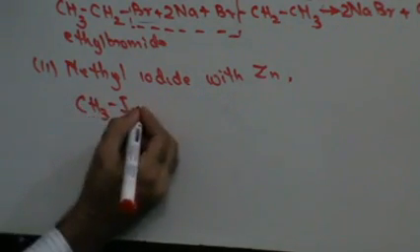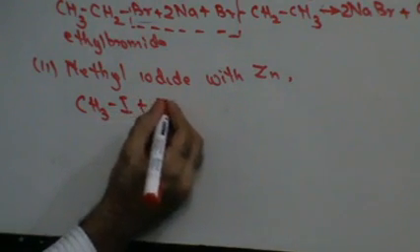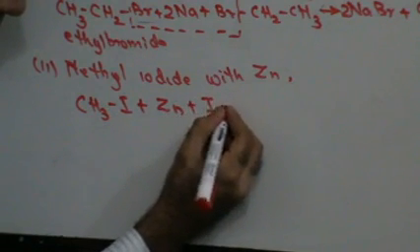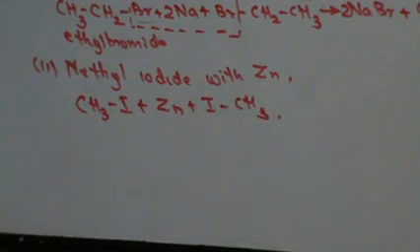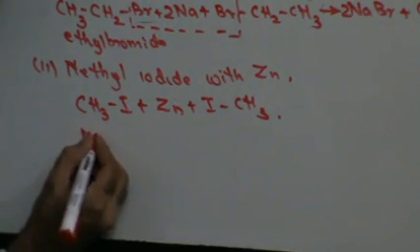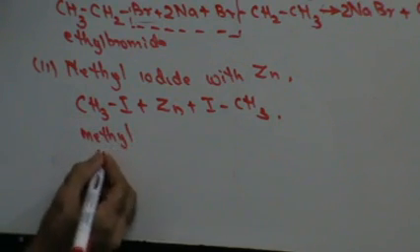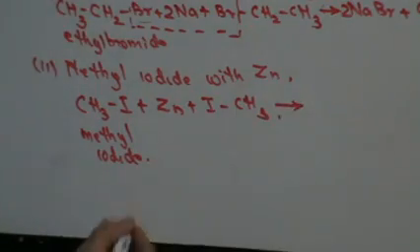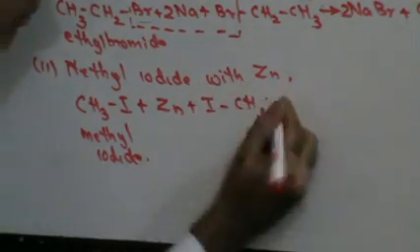Iodide means I. This is methyl iodide reacting with zinc. Remember, while doing Wurtz's reaction, take two molecules of the organic compound. This is methyl iodide. Zinc reacts with this, with dry ether as your catalyst.